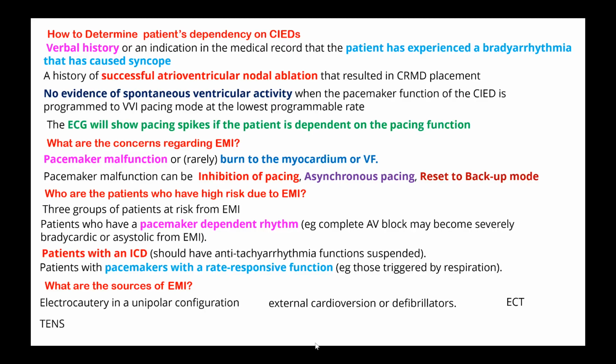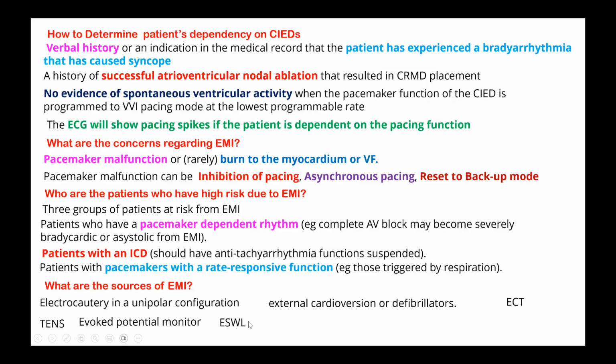And usage of TENS. What is TENS? Expansion. Yes. And where is it used? Transcutaneous electrical nerve stimulation for pain relief. That also is one of the chronic pain treatments where it can be affected. And if you want to do evoked potential monitoring during neurosurgical procedures, that again can produce interference with the pacemaker function.